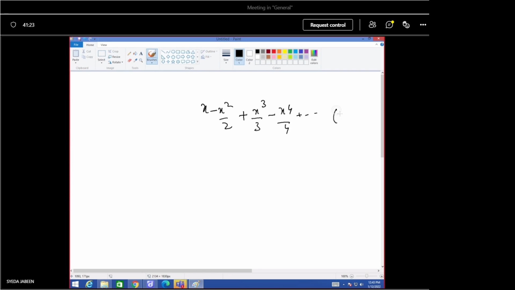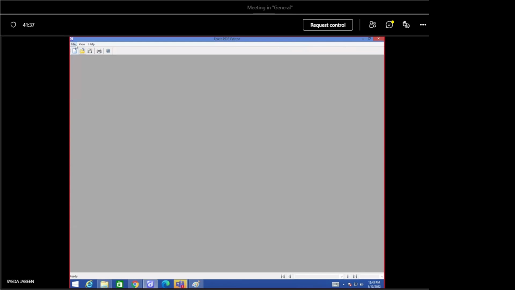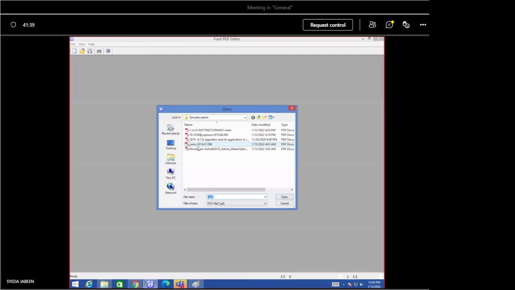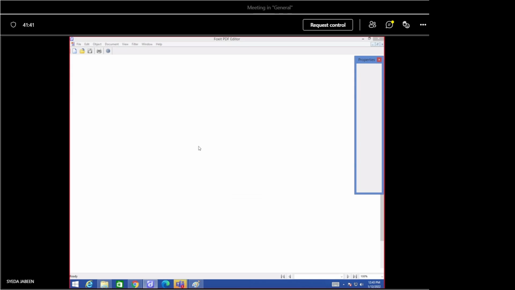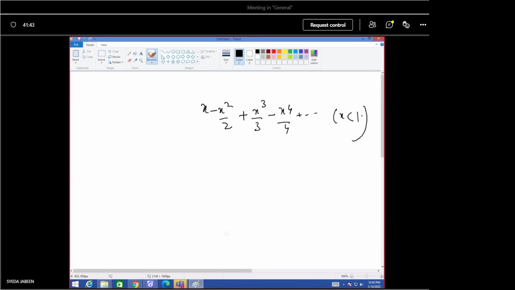Here it is given that x is less than 1. It is converging. It is converging.